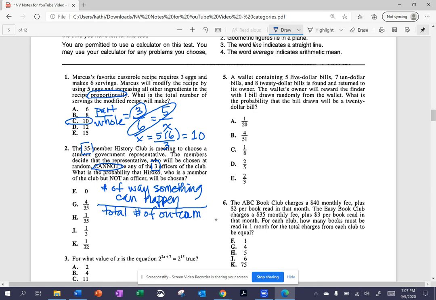So the number of ways something can happen, just one person is going to be chosen. And the total number of outcomes is I have 35 people, but I can't include the 3 officers, so I'm going to subtract them out. So my probability is 1 over 32.